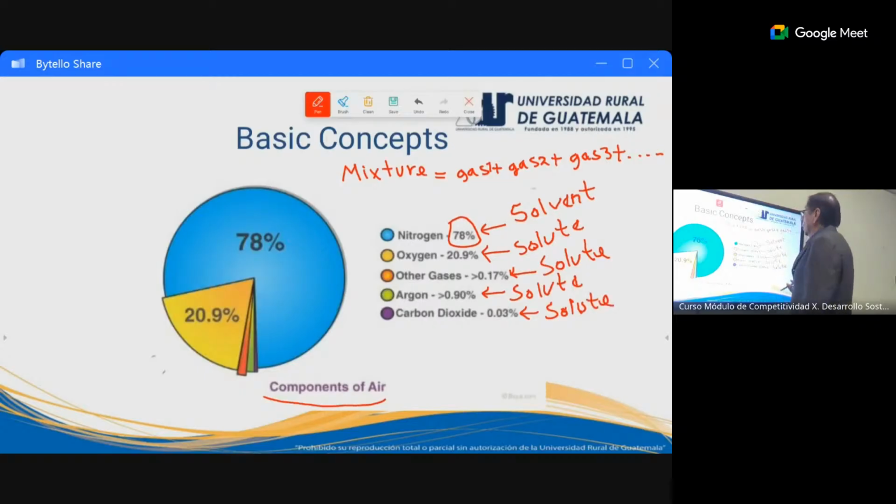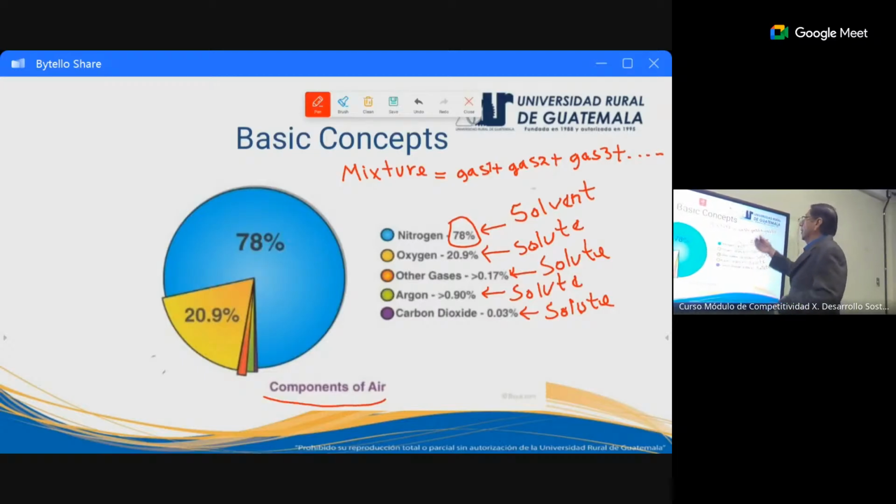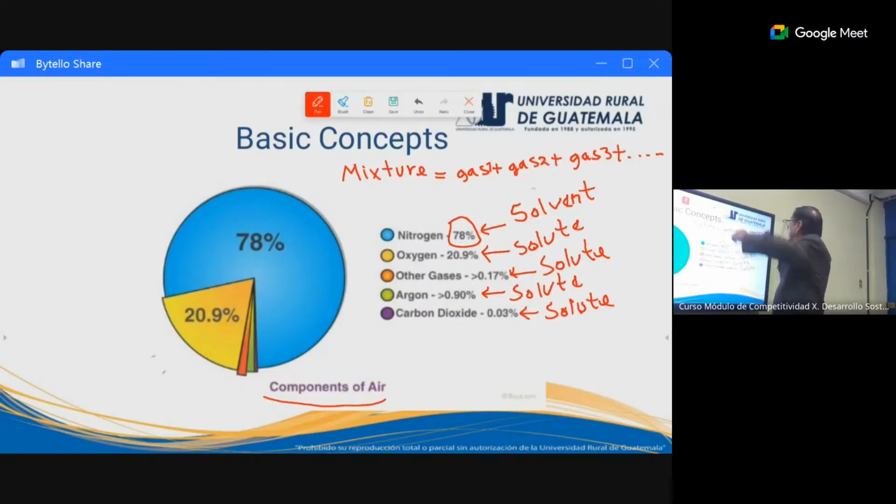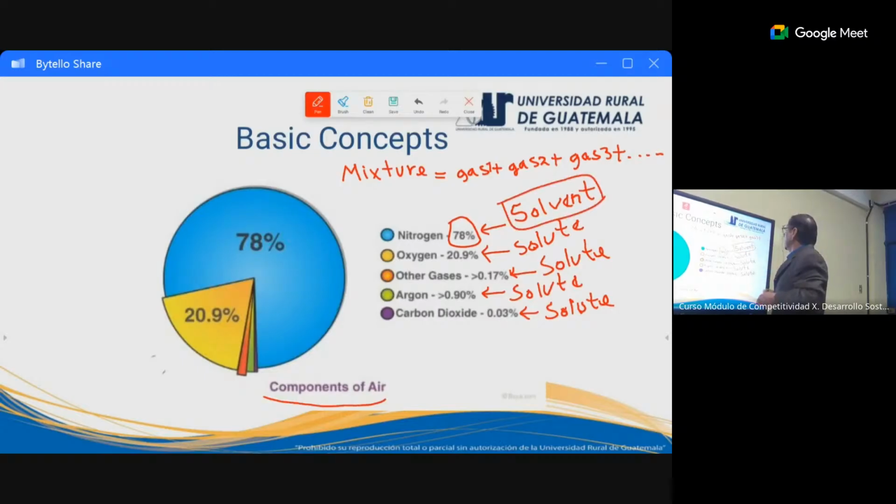So when we say who is the solvent and who is the solute, okay, we are going to say that the material with the great amount will be the solvent. It will here because it is 78% of all the components.